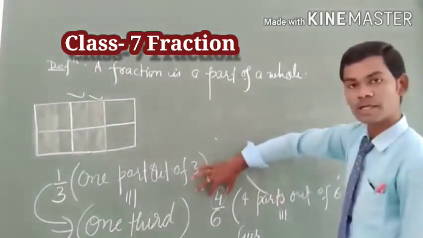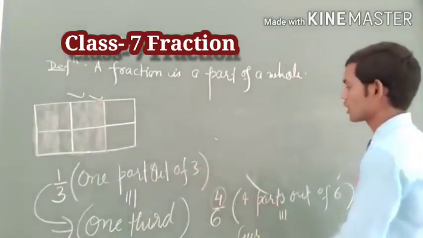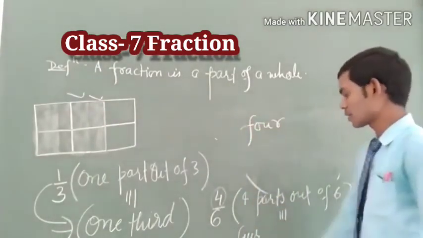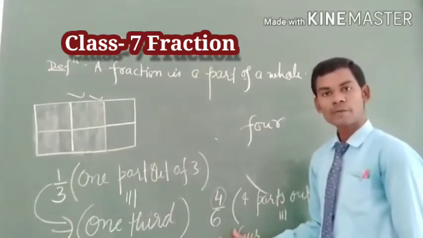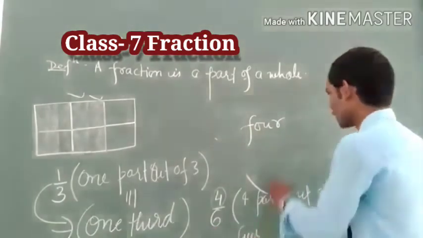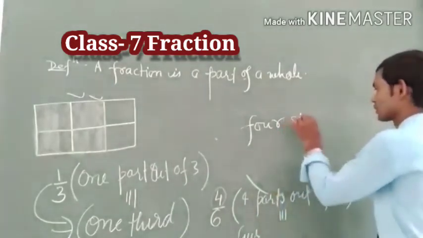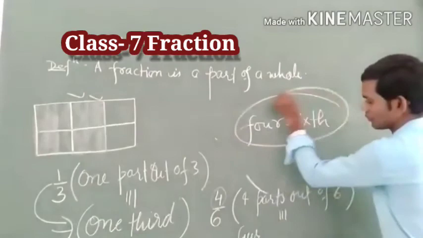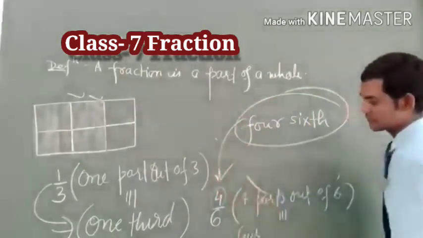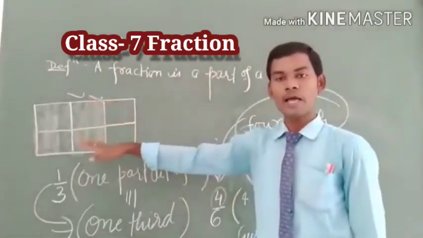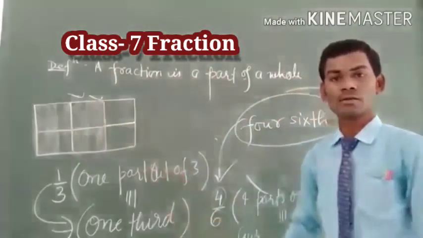The denominator is 6, so we write the ordinal number of this 6 like this, sixth. So the fraction 4 upon 6 represents 4/6 part has been shaded.